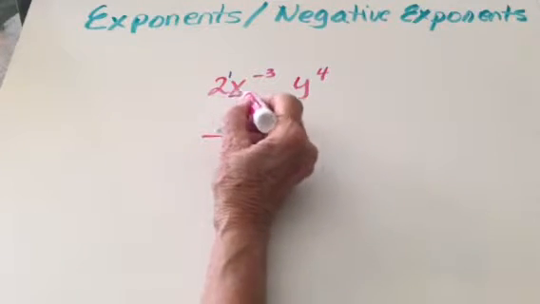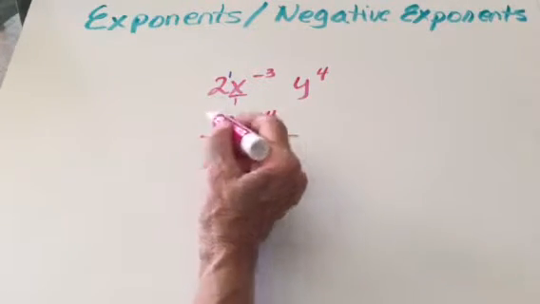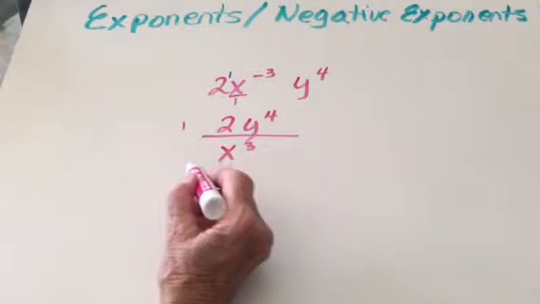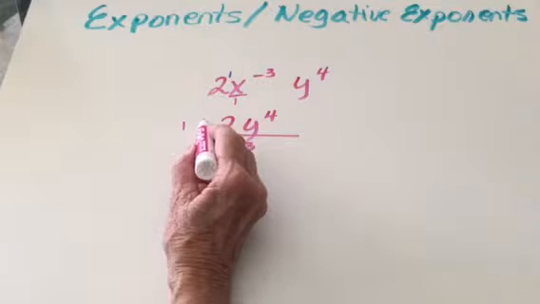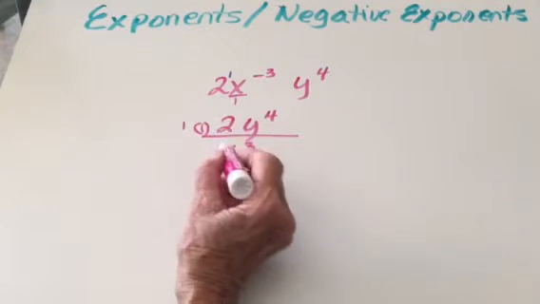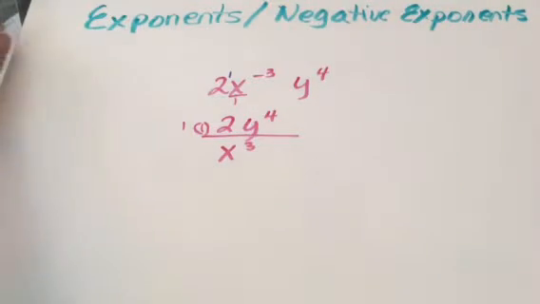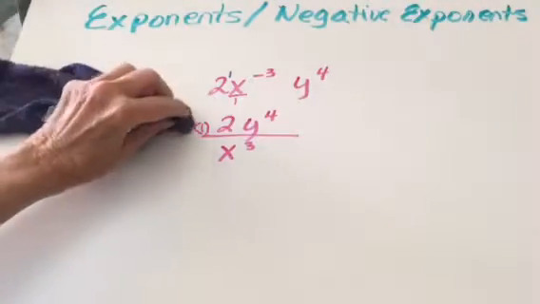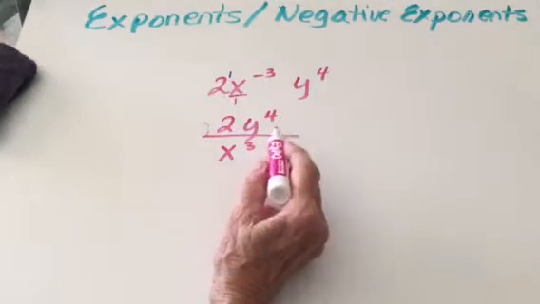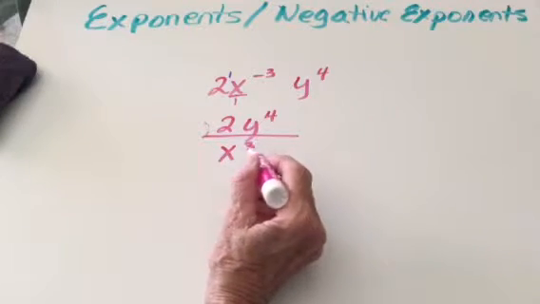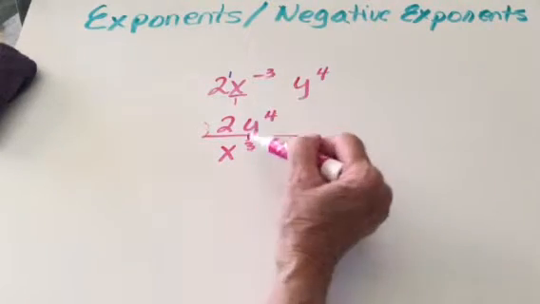Because the x is now x over 1. Now I have to switch it so it's 1 over x. But do you see how I don't have to put the 1 up top, guys? Because it would just be 1 times 2. Well, that's 2. So I don't have to put that 1 up there. I can just leave it like this. 2y to the 4th divided by x to the 3rd. I got rid of the negative sign, and now it's fine.